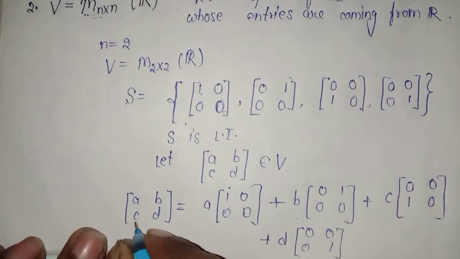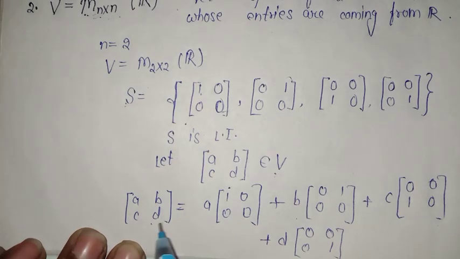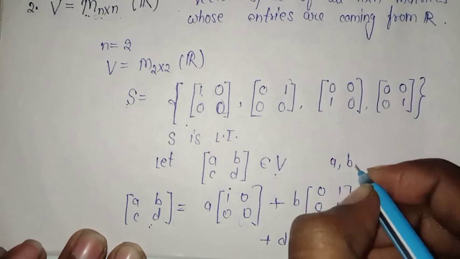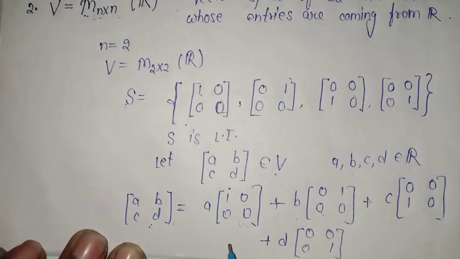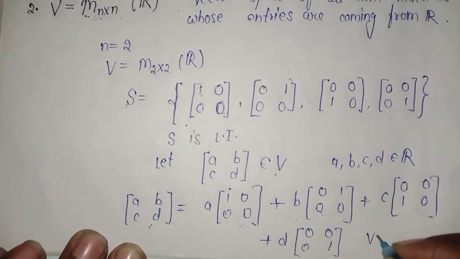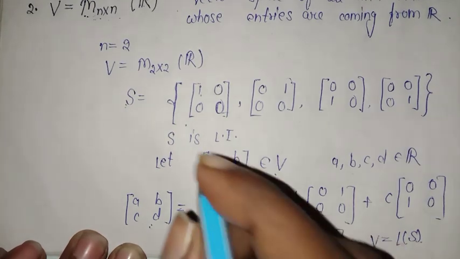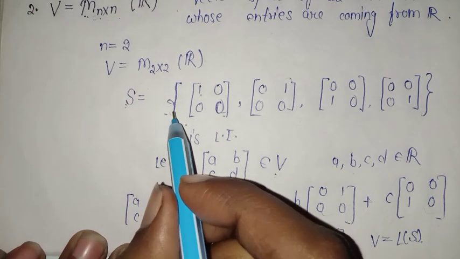So you can see that I have chosen an arbitrary element of the vector space V, and I am able to write it as a linear combination of the elements of S, where a, b, c, d come from the field R. This implies that V can be expressed as the linear span of S, so V equals the linear span of S. This represents that S forms a basis for the vector space V, and this is called the standard basis.